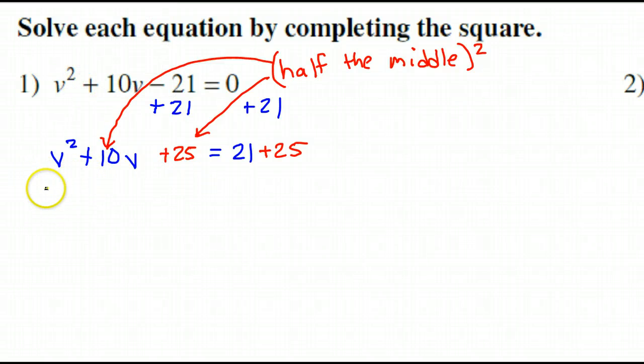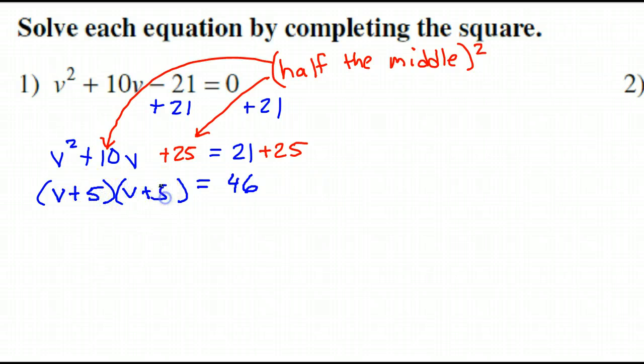If we factor, this is going to factor as the same thing twice. So this is 46. This will factor as the same binomial twice. In this case, it'll be v plus 5 times v plus 5. That's not a coincidence. This is what happens when you complete the square.